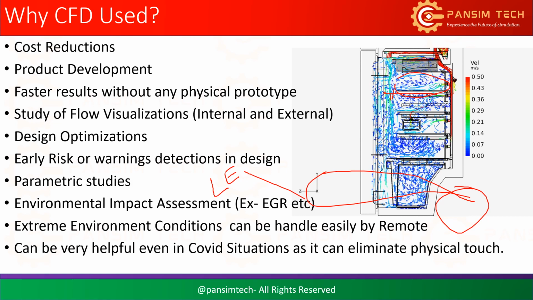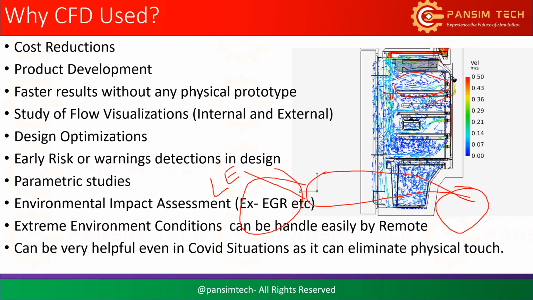Now another thing, environmental impact assessment. Nowadays we are handling BS6 in automobiles. If the government says now you have to move to BS8, so this much pollutant we have to reduce. Before telling the government, we can predict with the help of EGR, exhaust gas recirculation.